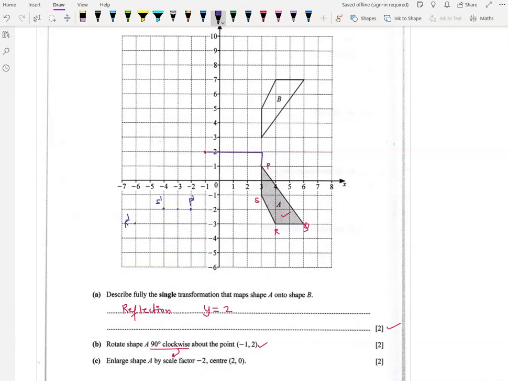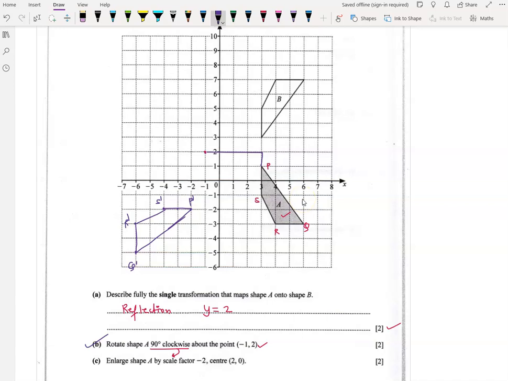So it will be 7 down and 5 left, so you will reach here. This is your point Q dash. Join these 4 points and you get your required quadrilateral. Mark this as shape B. So this is for part B, where you rotate shape A 90 degrees clockwise about the point (-1, 2).